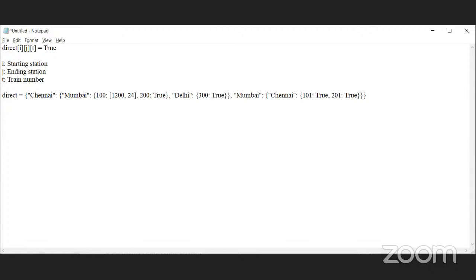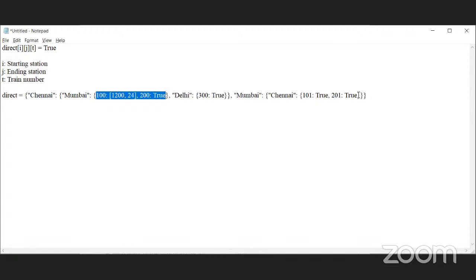Correct. In fact, the way the pseudocode is, we are adding only those trains where there is a direct train. We are not adding all trains for every pair of stations. We are adding only those trains for which Chennai is a starting point and Mumbai is an ending point. So you will not get all trains in this dictionary. You will get only those trains which are actually running between those stations.